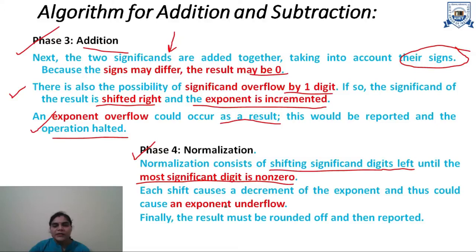Each shift causes a decrement of the exponent. Whenever we shift the significand to the left, the exponent is decremented, and decrementing the exponent may cause an exponent underflow condition, and the result must be rounded off and then reported.